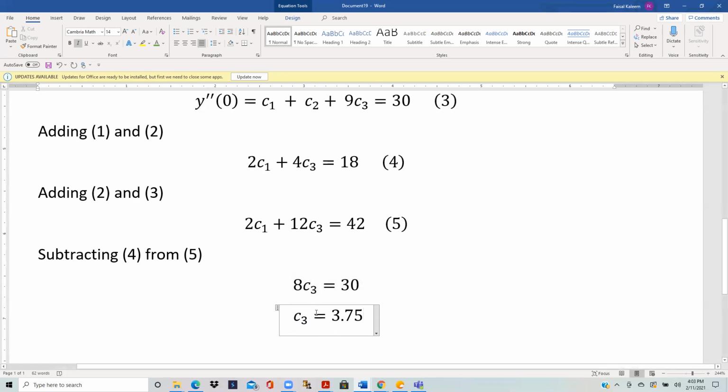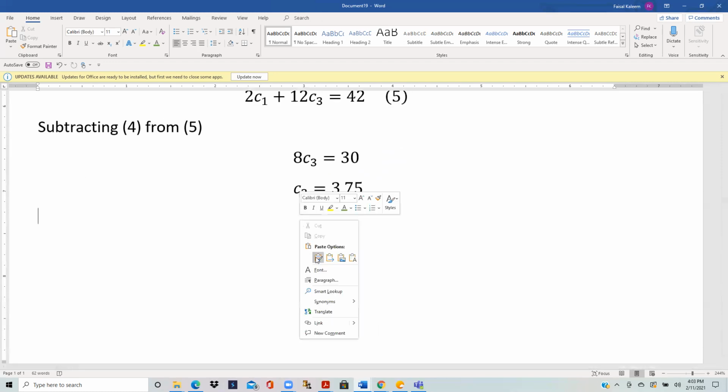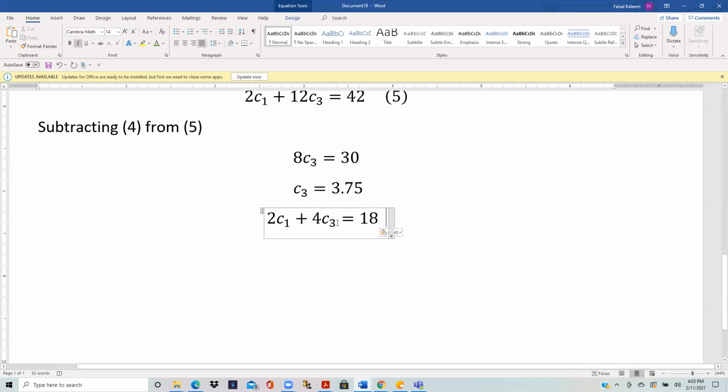Okay, and then you can substitute C3 in any of them. So let's say substitute in this one. 3.75. Okay, so 4 times 3.75 is 15. 18 minus 15 is 3. And 3 divided by 2 is 1.5. So C1 will be 1.5.